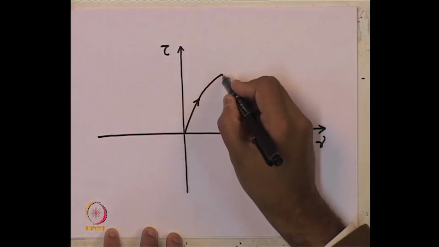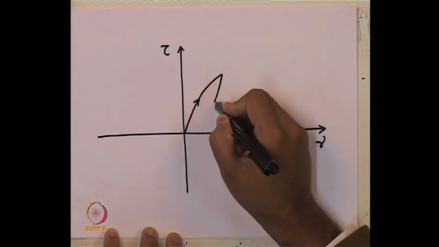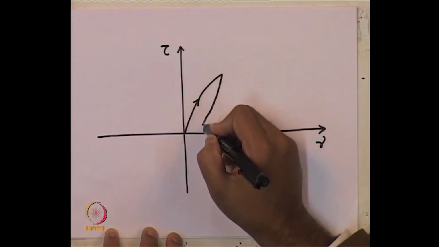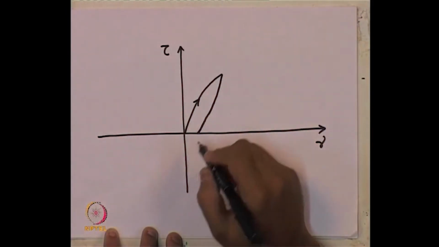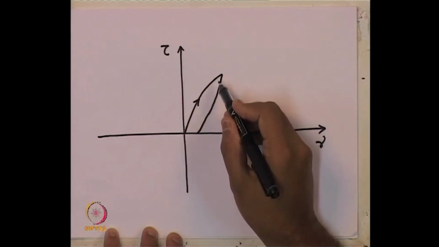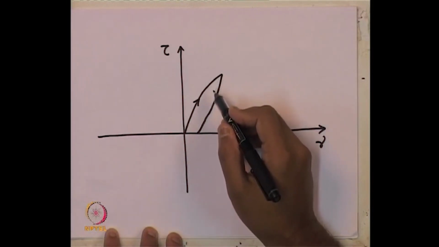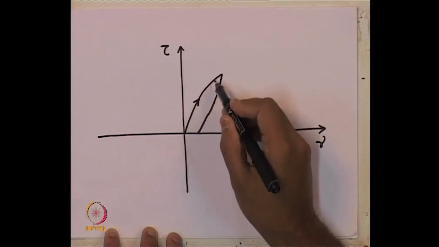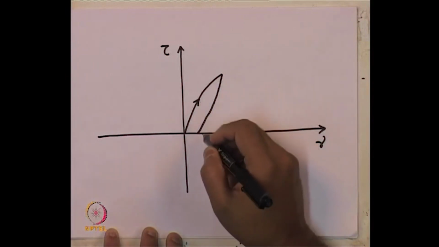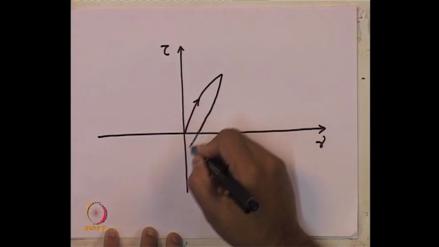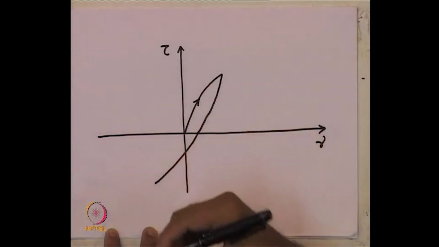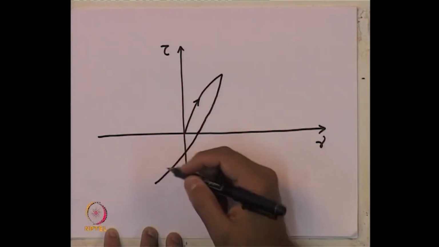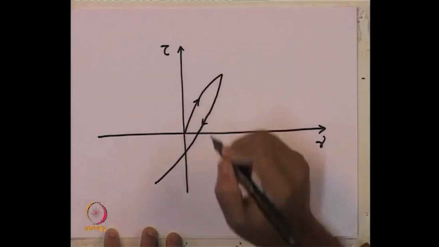So, what will happen? It will come back, but as the soil material is not fully elastic, as we know, obviously during the unloading process the path it will follow is not exactly this path, but some other path. So, it will follow this path, and if we do the stress reversal, that is in the other cycle or in the other direction we are applying load, it will go in this other direction.